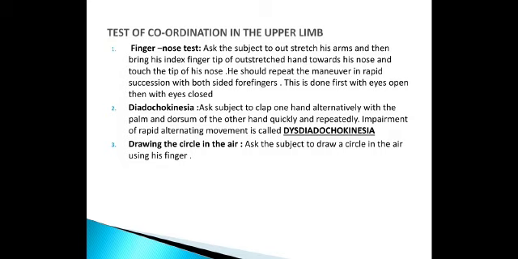He should repeat the maneuver in rapid succession with both sides, using all four fingers. This is done first with eyes open and then with eyes closed. So you outstretch the hand completely and then touch the nose.